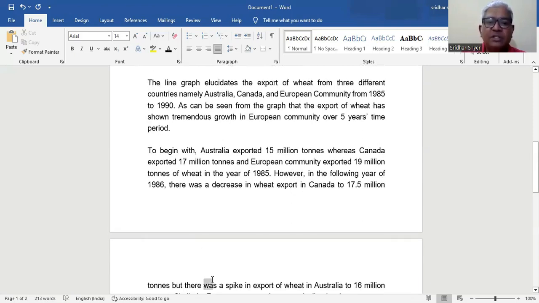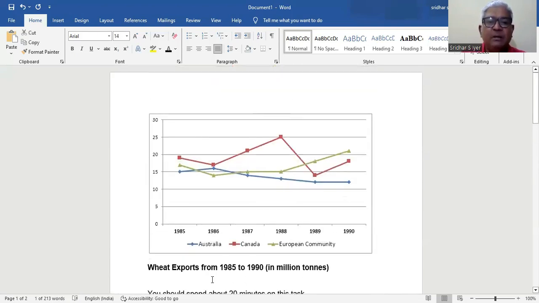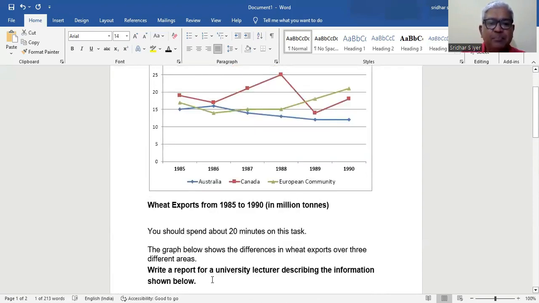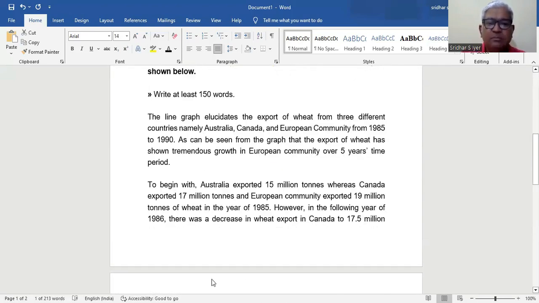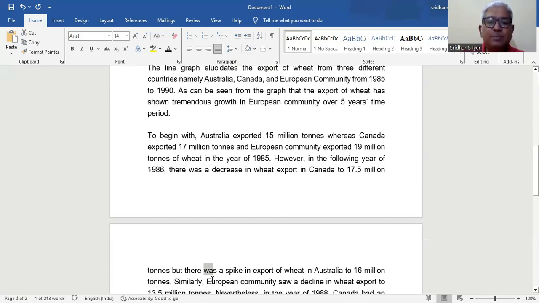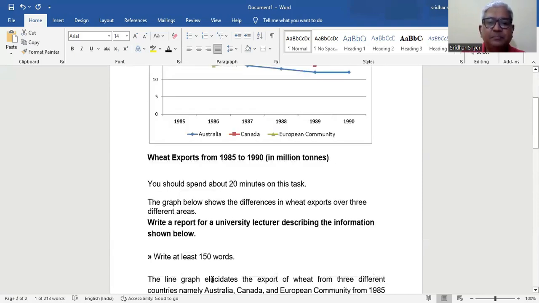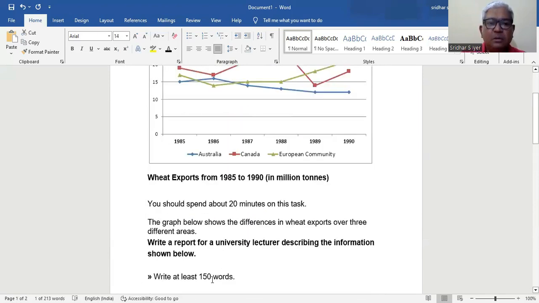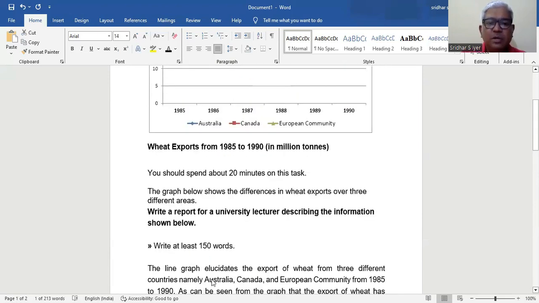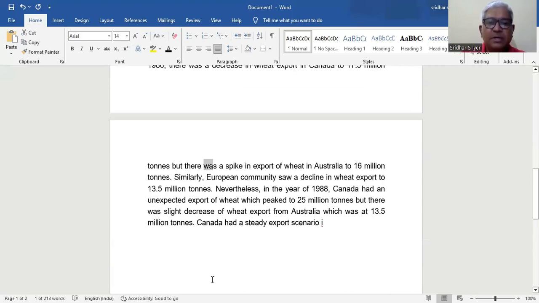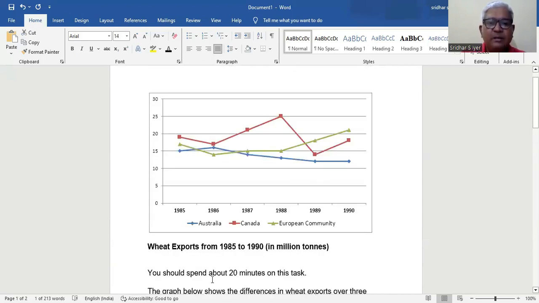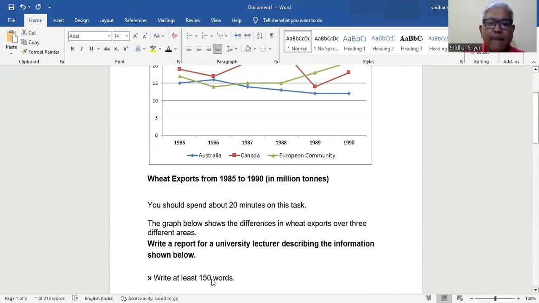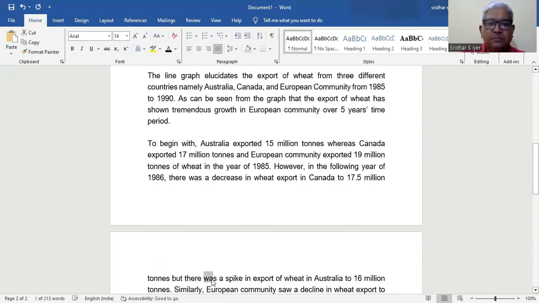To begin with, Australia exported 15 million tons, whereas Canada exported 17 million tons. No, it was not Canada, it is actually European Community, right? Now we have to change it.